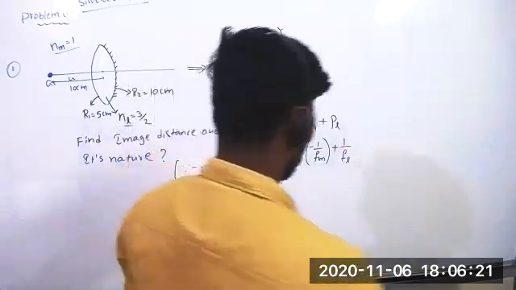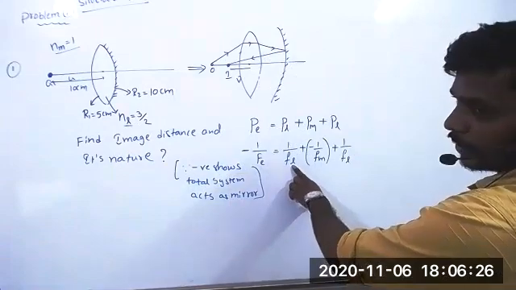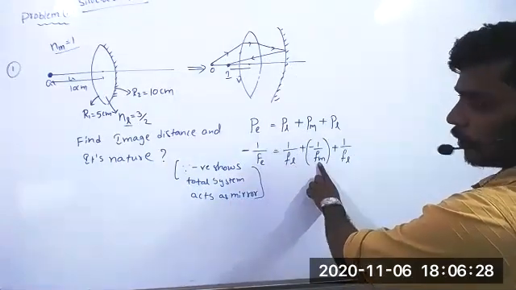Okay. So if I want to find this, first I should know the focal length of the lens, then the focal length of the mirror.